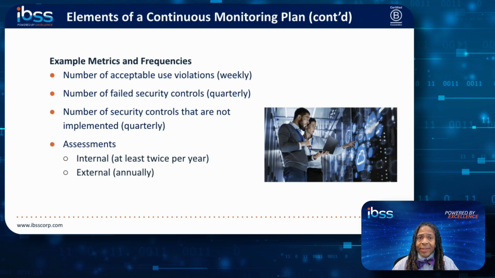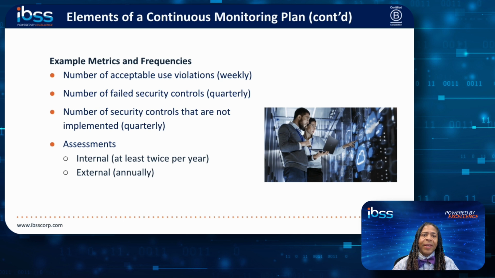Yes, it is the case that some organizations have not implemented controls, and we talked about POAMs earlier. So anytime you don't have a control implemented, you want to make sure that you do have a POAM for that. But it is a good idea to know the number of security controls that simply are not implemented.